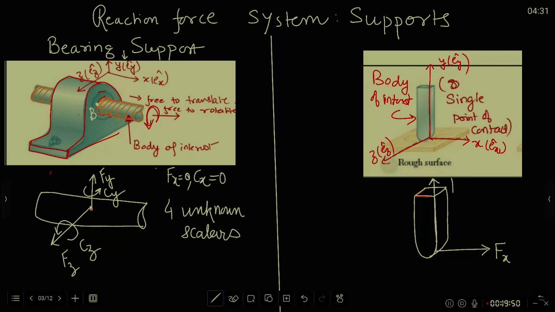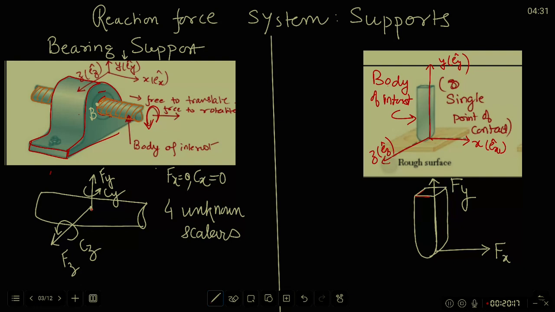Now you may argue, why should I put Fy in the upwards direction? I should put it in the downwards direction. You can put that, it doesn't matter. You put it upwards or downwards, it's fine. You will get the value appropriately when you finally solve for the unknowns. But the point is, you should put an unknown there. That is important.